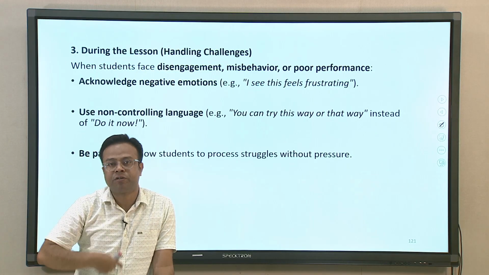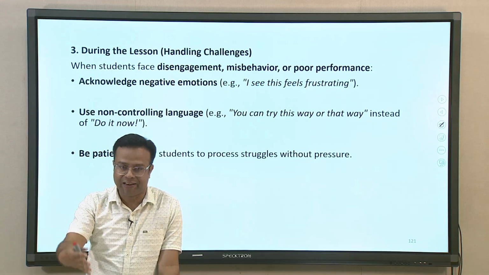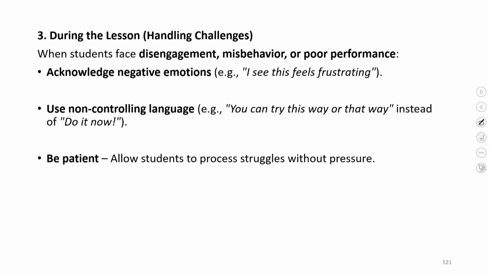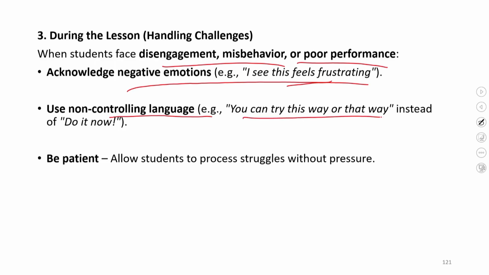When you teach the lesson, you need to handle challenges. When students face disengagement, misbehavior, poor performance, acknowledge these negative emotions. This can happen to some students, where they may feel negative emotion, they may feel frustrated. Use non-controlling language, like you can try this way or that way instead of do it now.